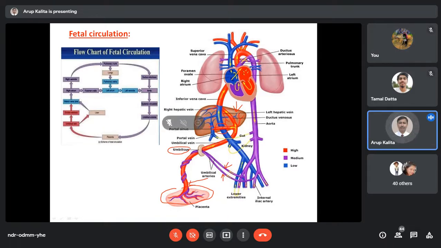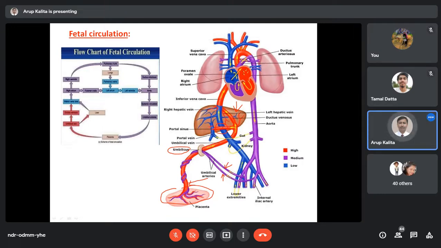At the liver, it will join with the hepatic portal vein. Hepatic portal vein we have already discussed, right? It is coming from stomach, intestine, spleen. Yesterday's class we discussed it. It is joined with the hepatic portal vein through the portal sinus, and the blood is distributed in the different cells of the liver. Now via the hepatic vein, it will enter into the inferior vena cava or posterior vena cava.